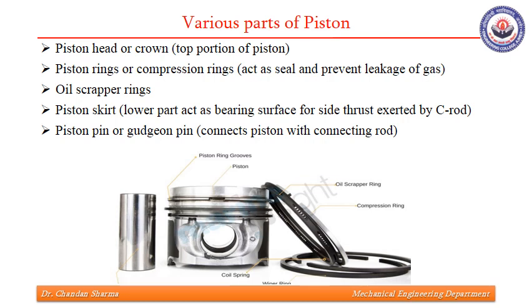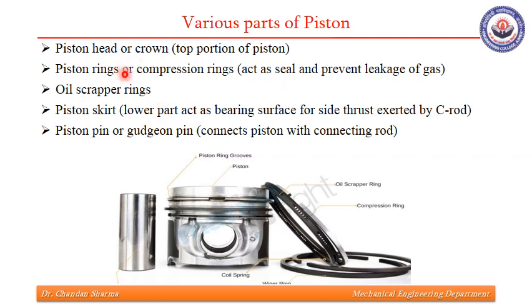If we talk about various parts of piston, the piston has following parts: piston head or crown, which is basically a top portion of the piston; piston rings, also called as compression rings, which act as seal and prevent leakage of gas.